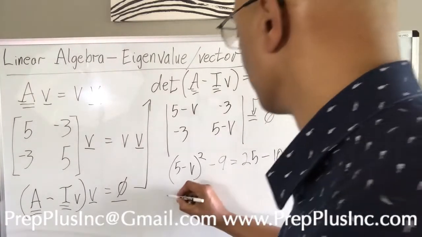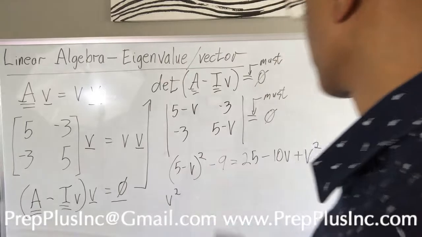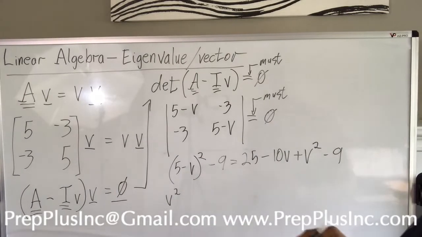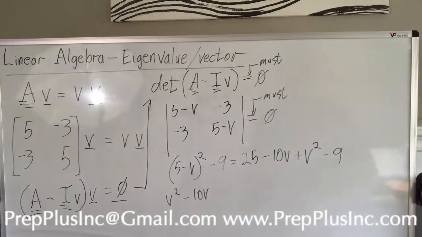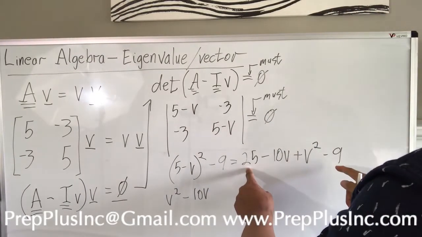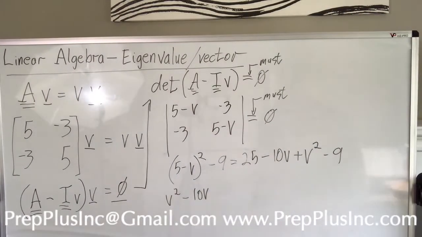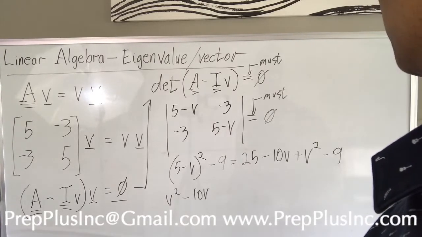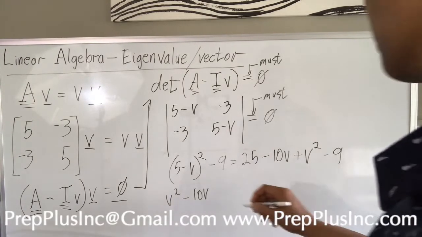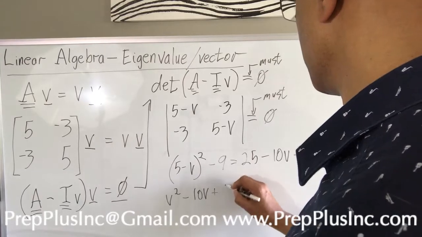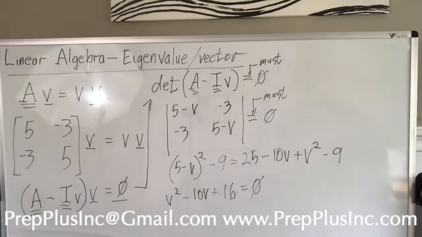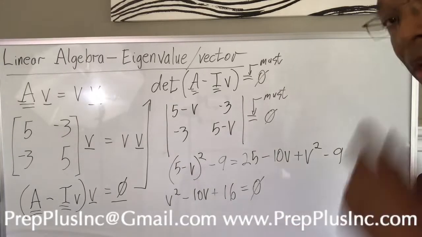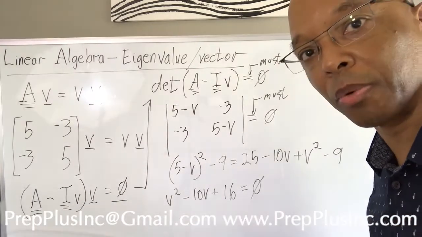So this is lambda squared minus 10 lambda, and we have 25 minus 9, which is 16, plus 16 is 0. Okay, so we're just writing out the characteristic equation.